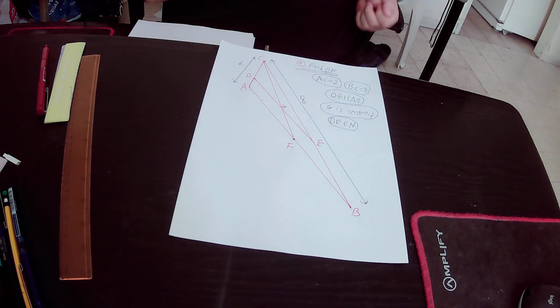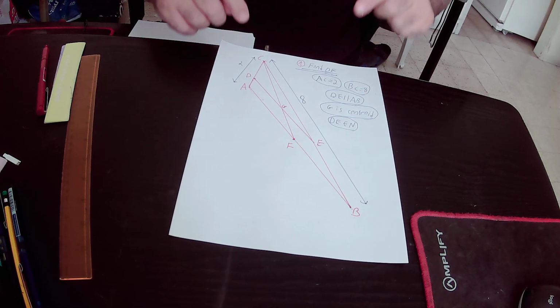So what is a centroid? The centroid of any triangle is a point in which the three medians of the triangle intersect with each other. Okay?